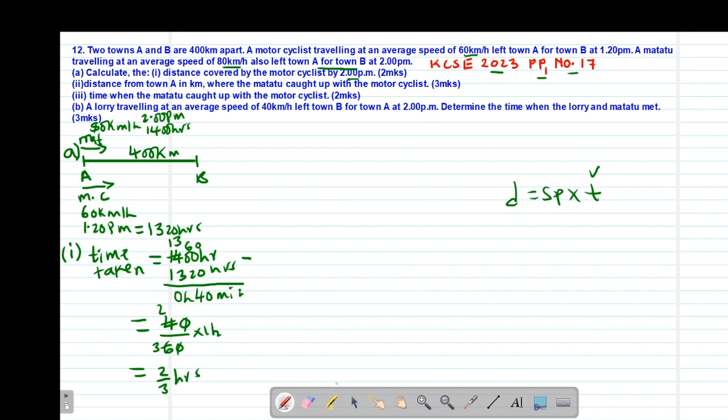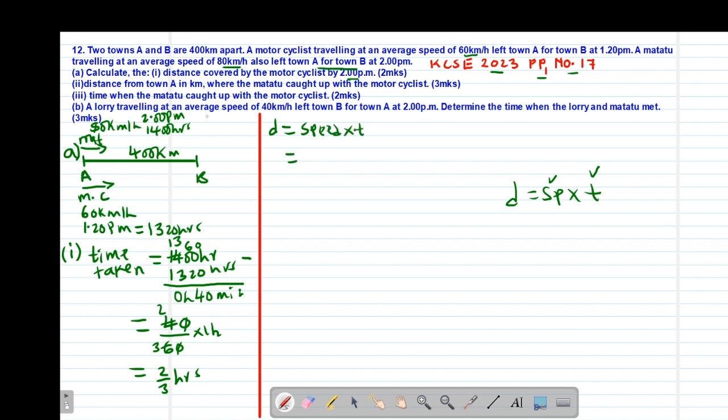So that is the time taken by 2:00 p.m., that is from 1:20 up to 2:00 p.m. Now, having found the time taken, we can now use the speed to find the distance. Therefore, the distance traveled must be given by speed multiplied by the time taken.